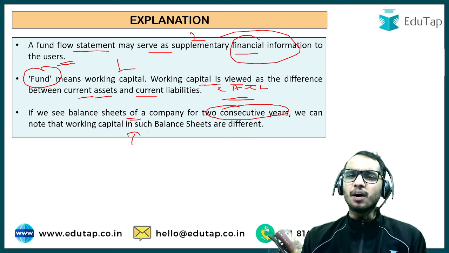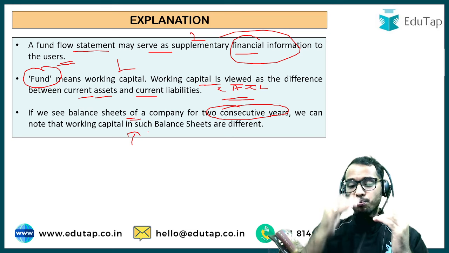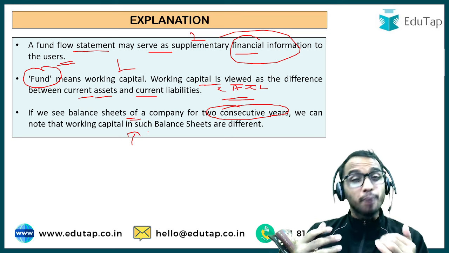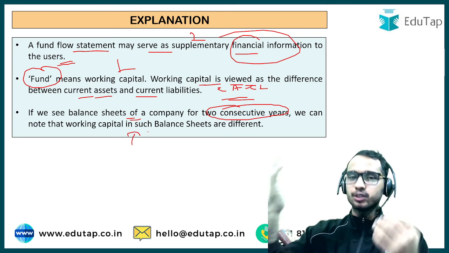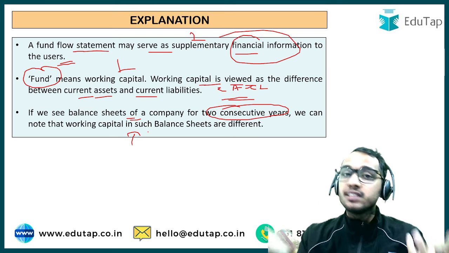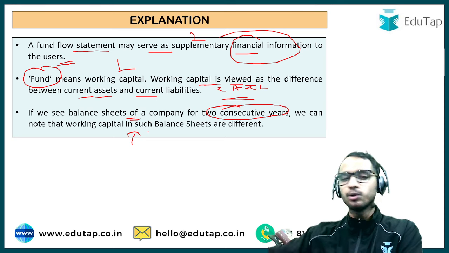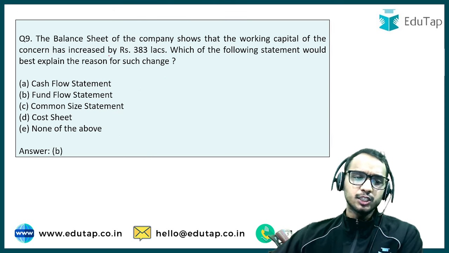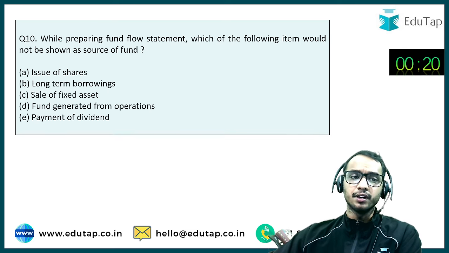Suppose, for the sake of example, you have generated more fund out of sources, but you have applied less. The application of funds is less. So obviously there will be change in working capital. We will be looking at the format as well, don't worry about that. Next question. This question we have done, right? So the answer would be fund flow statement. Question number 9 we have done.